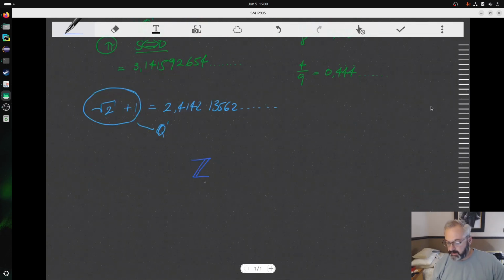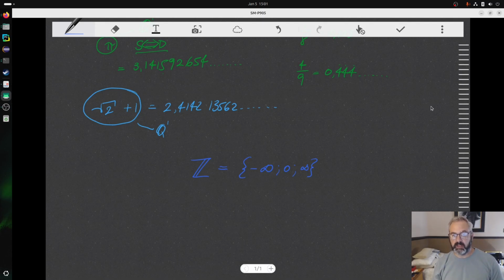Our collection of integers is all the whole numbers from negative infinity, including 0, and going on to positive infinity. That collection contains all of our integers.